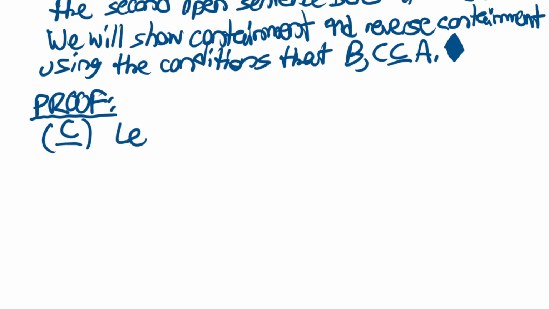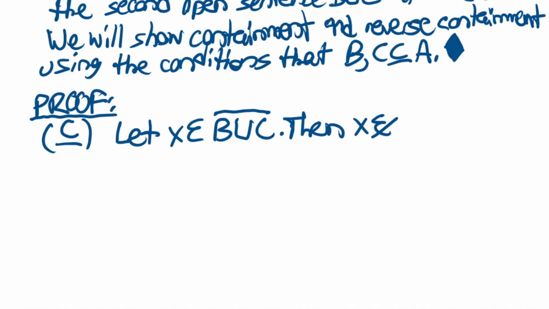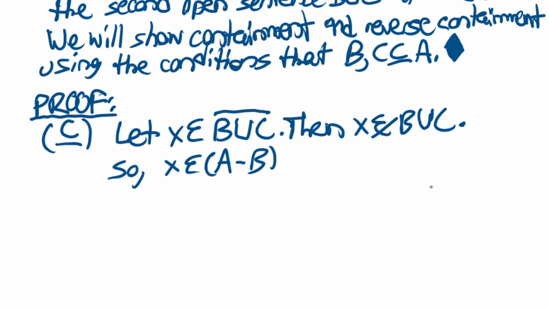So we will let X be an element of the complement of B union C. So then X is not an element of B union C. So X is an element of difference of A minus B, and X is an element of the difference of A minus C.